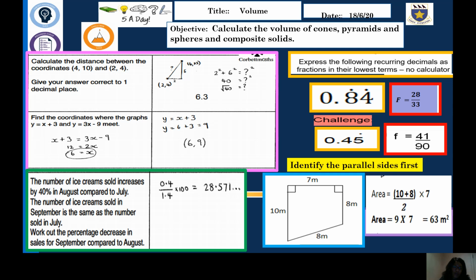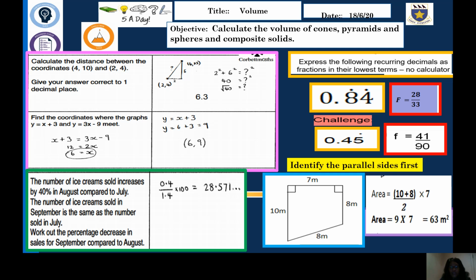This other question here, the percentage that was in July is 100%. So after an increase of 40% in August, we now have 140%, and changing it to a decimal it will be 1.4. So the question is a percentage decrease, and percentage change is always the change divided by the original times 100%.